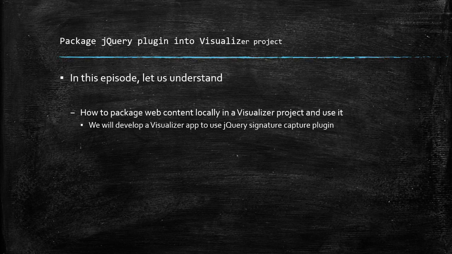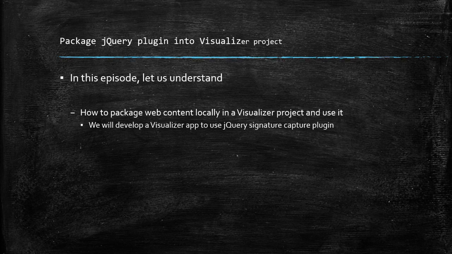The captured signature is sent into the native context of the visualizer, and we show that captured signature on a different browser widget present on the visualizer form. In this way, we can extend the functionality we build as part of a visualizer project by using web content that we can locally bundle in the project.